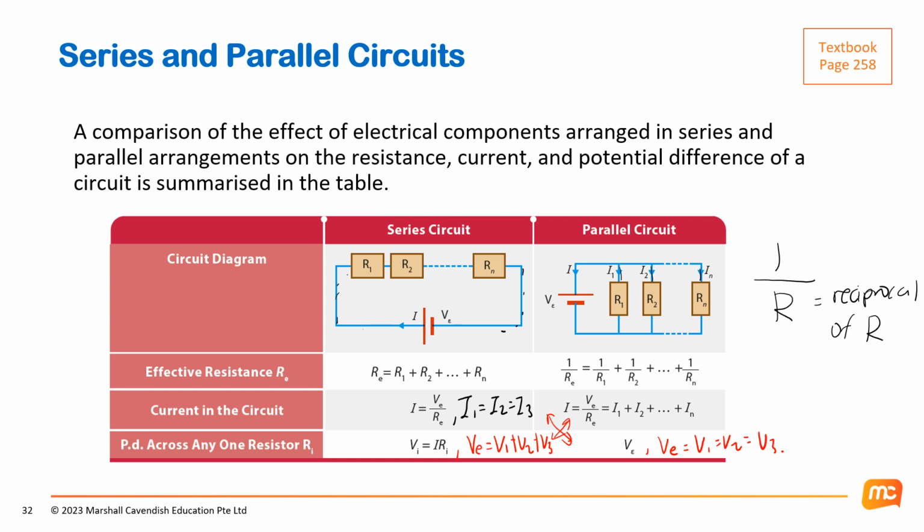Then they switch over for the relationship for V. I1 plus I2 plus I3.